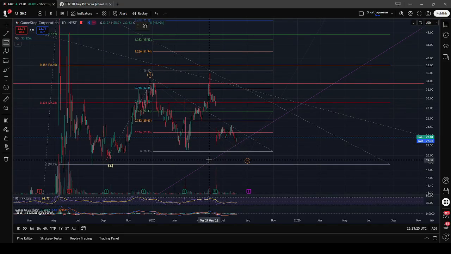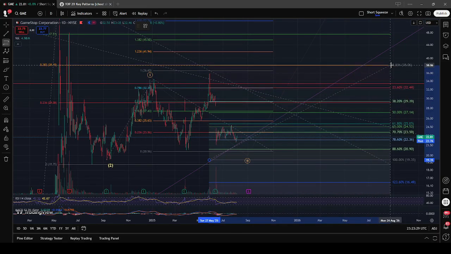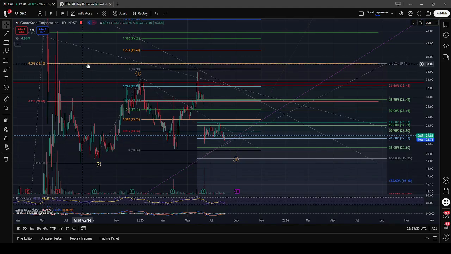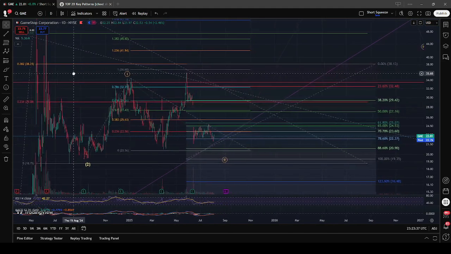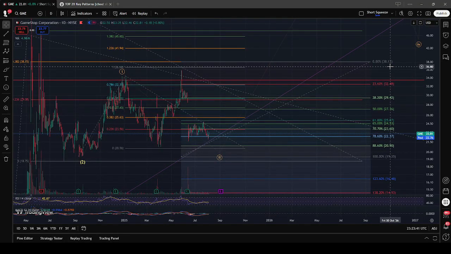As per the book, let's just assume that the fifth wave goes here, $38, because we have a really strong Fibonacci line here. Let's just say it goes to $38 on wave 5. We would be looking towards a 78.6 to 88.6, or even more of a retracement, just not to the initial move.